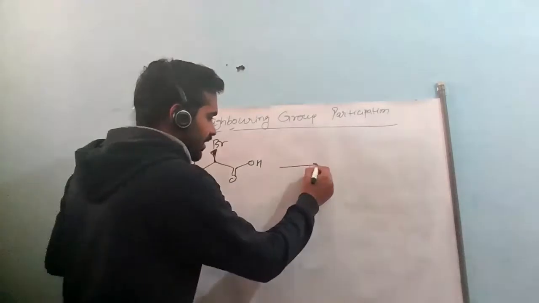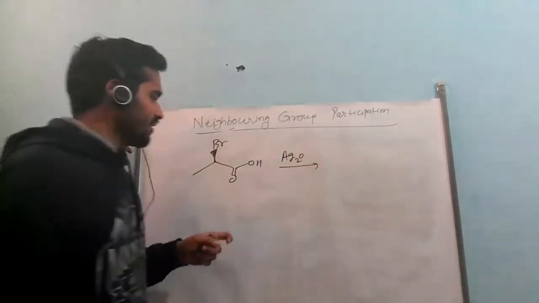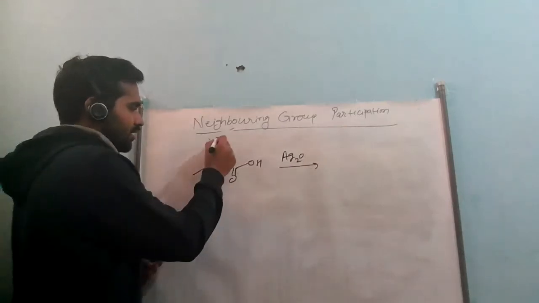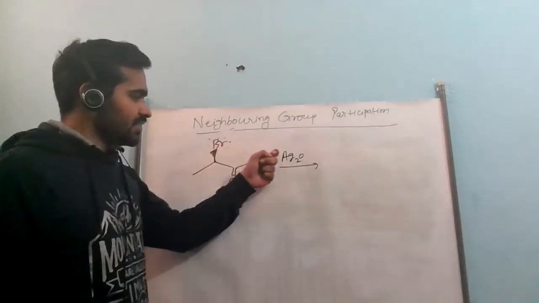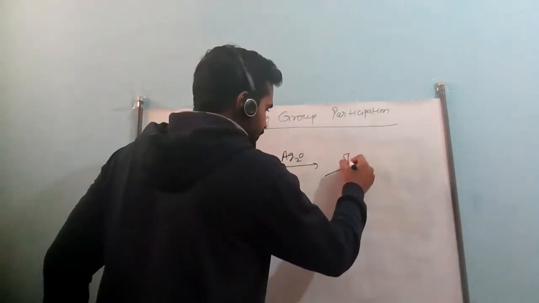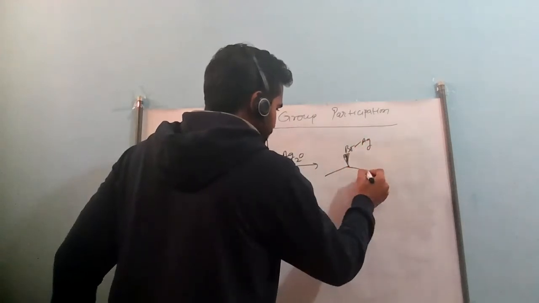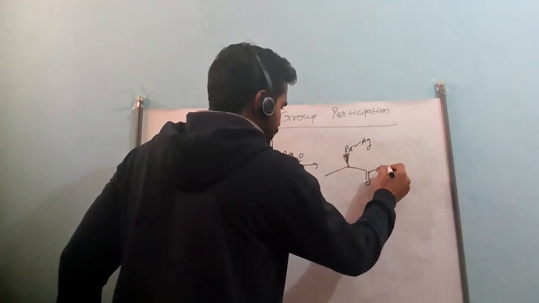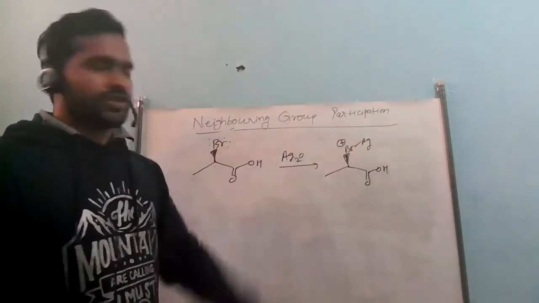And suppose if I add any silver compound like Ag2O or silver nitrate, then what will happen? We know that this bromine has a lone pair, and this lone pair will interact with the silver, and it will form a bromine-silver complex type transition state. Clear? This bromine will have a positive charge.